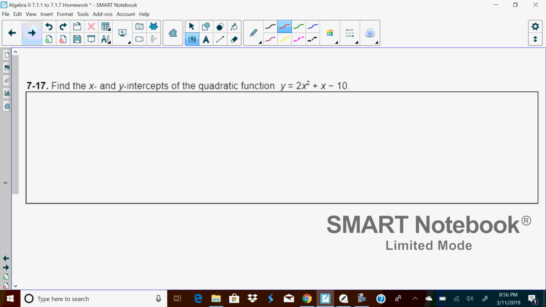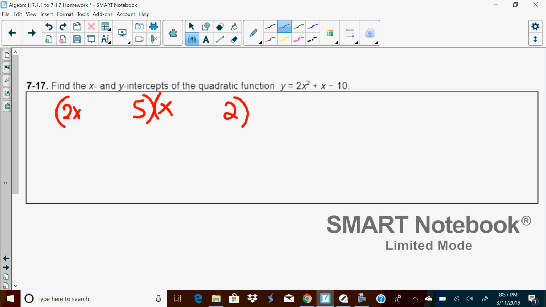Find the x and y intercepts of the quadratic. So to find the x intercepts, I'm going to first try to factor it, see if that works out. So I'm going to get 2x and x. 5 and 2 will be 10. So to get 0, I can do 4. So 2 and 5. So we get 5 minus 4.